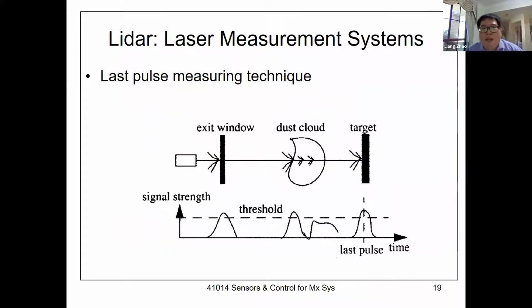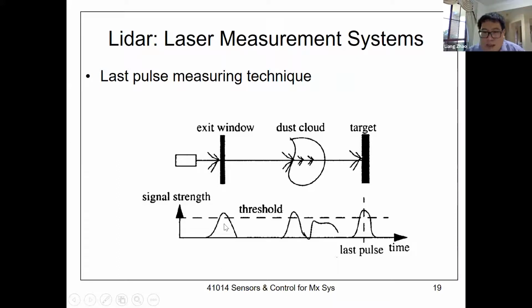All right. So for the LiDAR principle, we use the last pulse measuring technique. Because we are using light, there may be some dust cloud or something in the air, and they may also provide some reflections. But after the light hits the real target, it will not get any reflections after that. It reflects to the receiver, right?